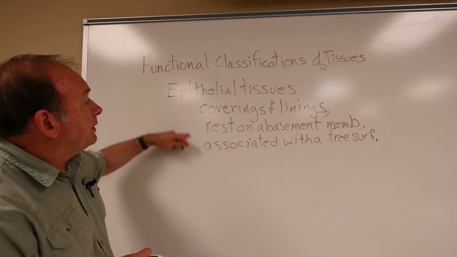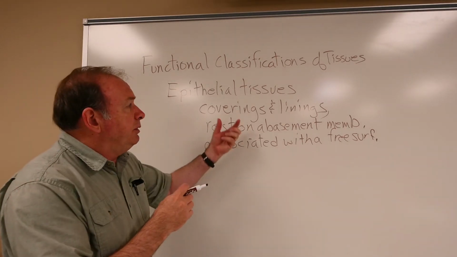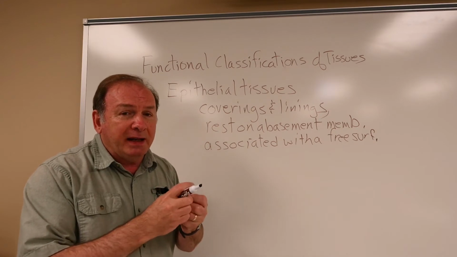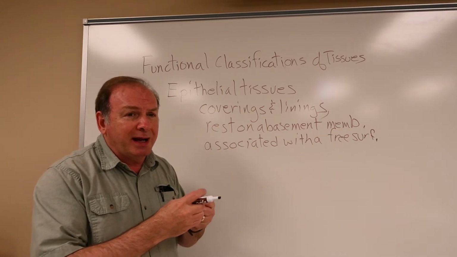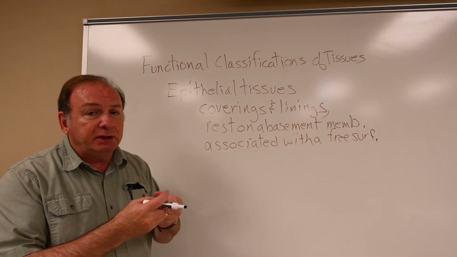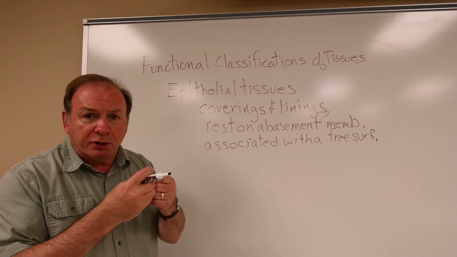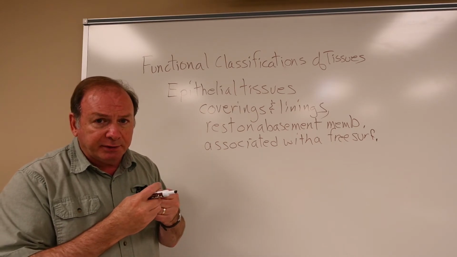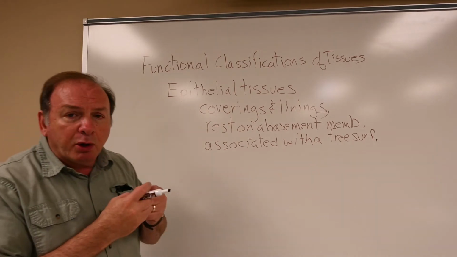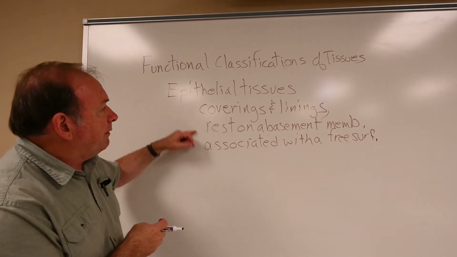So anyway, these are epithelial tissues. Occasionally, a tissue that begins to form as an epithelial layer as part of one of these coverings or linings will migrate away from the surface and embed itself deeper in the tissues where it's no longer associated with a free surface. And it's no longer part of a covering or lining, so it's a dissociated type of epithelium.